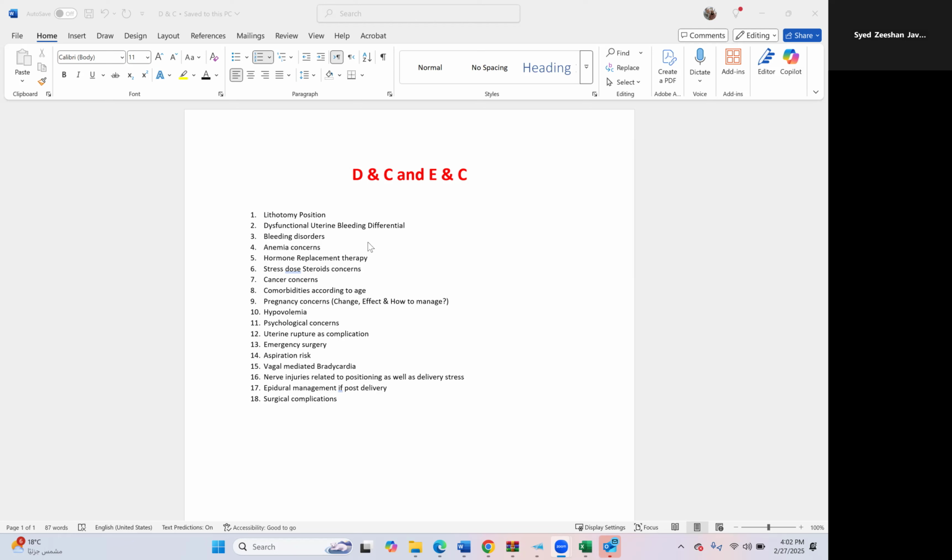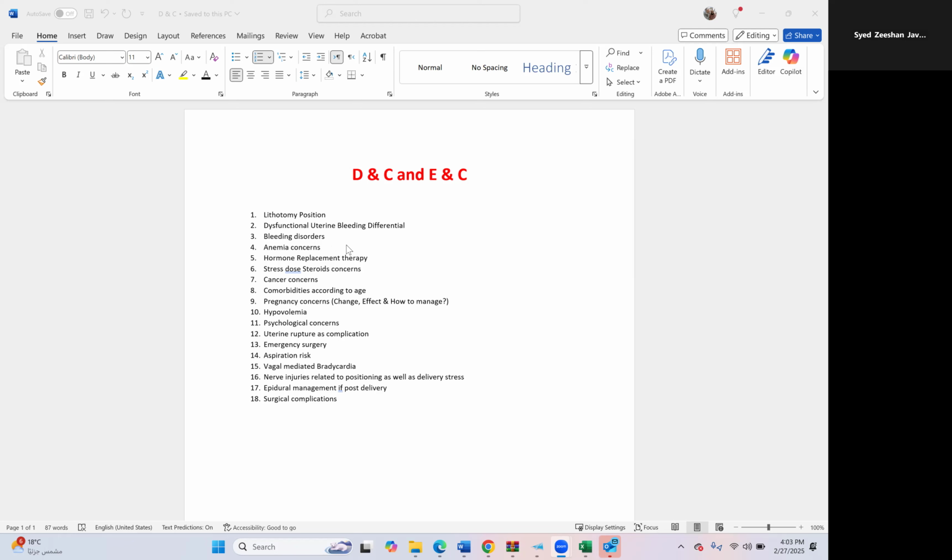The concern you should be thinking about is the lithotomy position and the complications which can occur afterwards, like nerve injuries and position-related injuries. Also, if something occurred during the delivery and you have given anesthesia in that procedure, it can become your responsibility as well. So you should know about it.